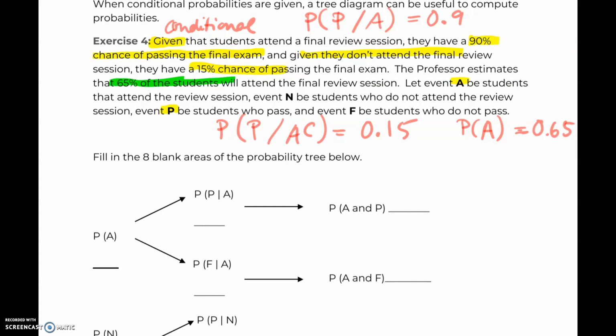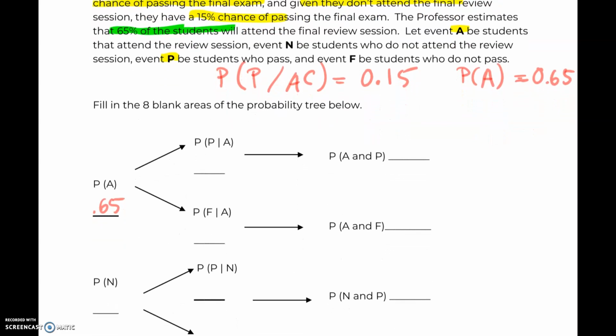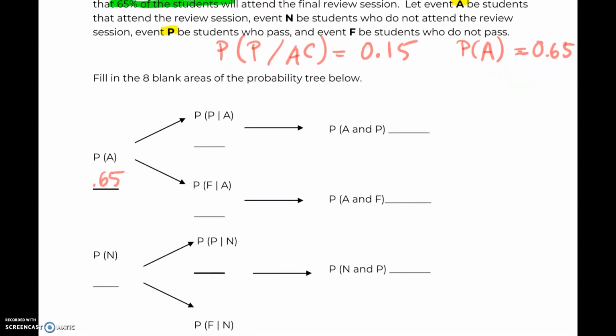So we have the probability of A, which is 0.65, and that means we have the probability of A complement, I called it A complement, but over here it's N. So we could change that. Let me just call it A complement, which is 0.35. So put down your marginal probability and the complement first, and then fill in the conditional probabilities.